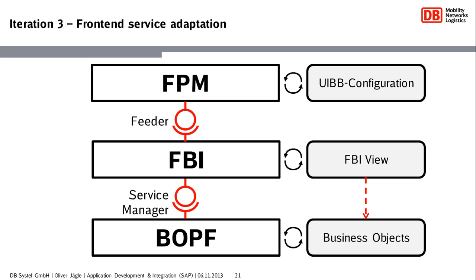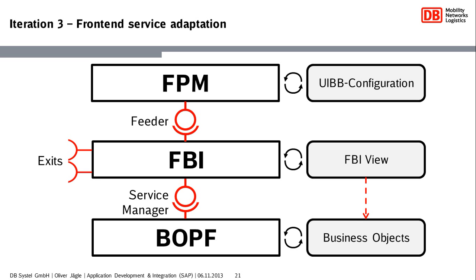But a timestamp is not very friendly for a user on the UI. So the Floorplan Manager BOPF integration with the FBI view provides a possibility to declare a mapping so that a timestamp is translated into a date field, a time field, and a time zone field. So this all can be done in a declarative way. And even much more, which I would be happy to explain to you afterwards.